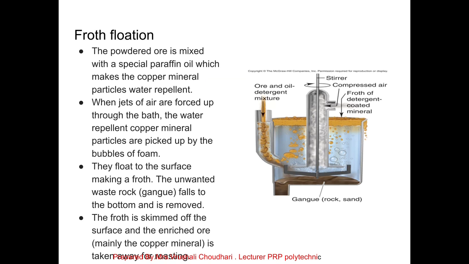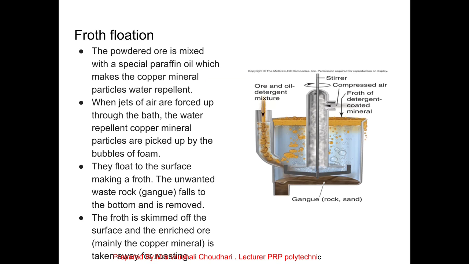In the flotation process, the powder ore is mixed with paraffin oil or pine oil, due to which copper sulfide ore particles are going to attach to the froth. When a jet of air is forced up through the bath, the water repellent copper mineral particles are picked up by the bubbles of foam. They are going to float on the surface, making a froth.